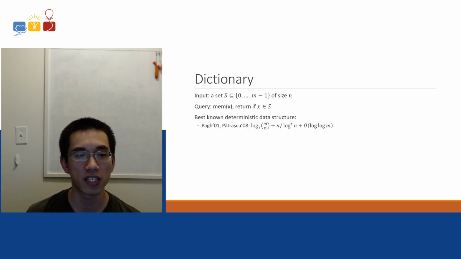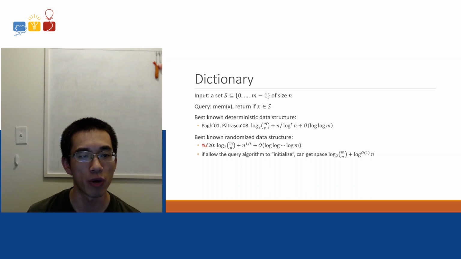So the best known deterministic data structure for this problem is by Pagh and Patrascu, and it uses space log base 2 of (m choose n), which is the minimum space possible, plus n divided by (log n)^t, plus O(log n) bits.